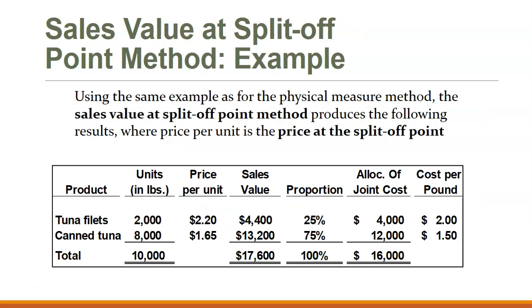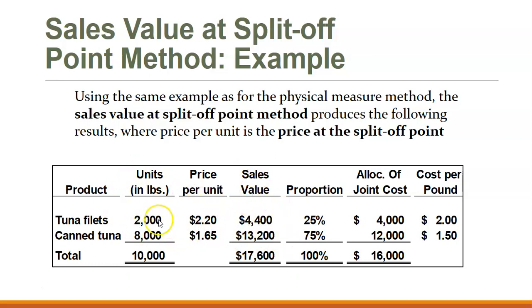So in this example, we look at the sales at split off point. And the price per unit is the price at split off point. So we have tuna fillets and canned tuna. We have our price per unit and our sales value.